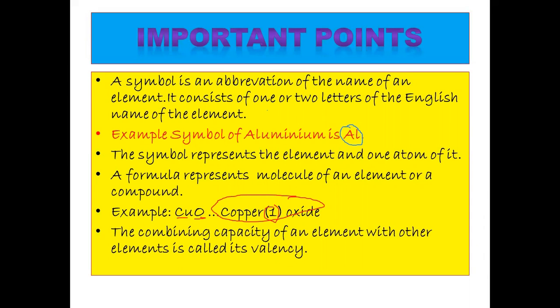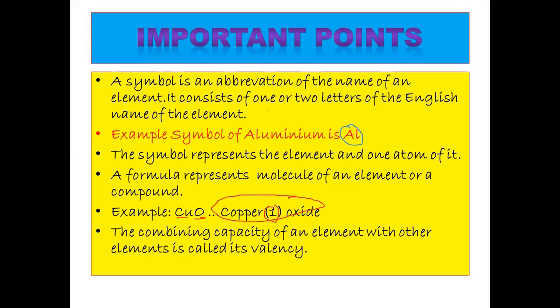It is also given by the number of hydrogen atoms that one atom of the element combines with or displaces from a compound. Different elements may have different valency. An element can have a valency in the range from 1 to 4, right?